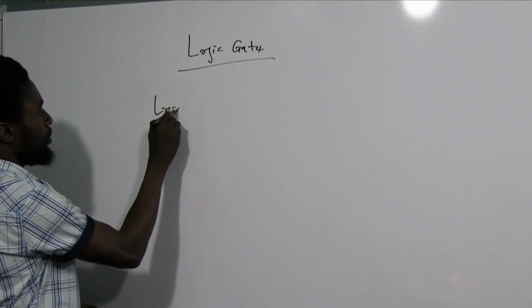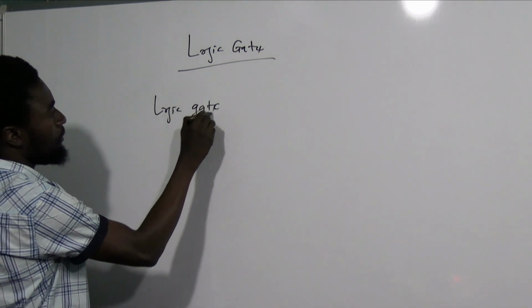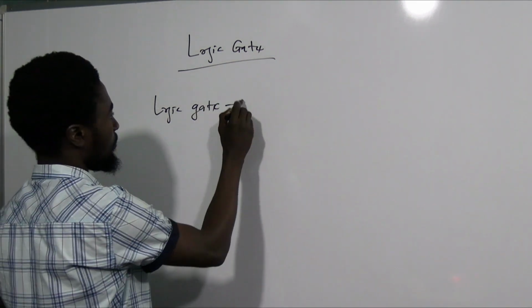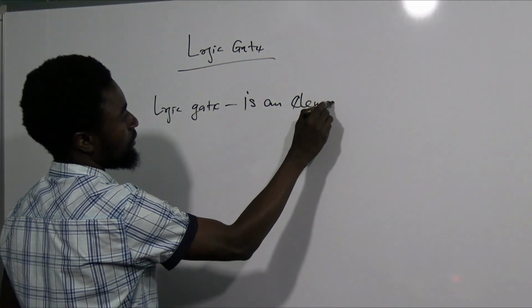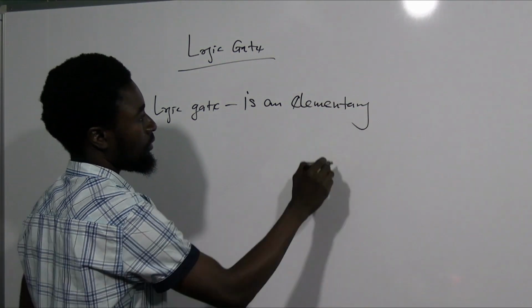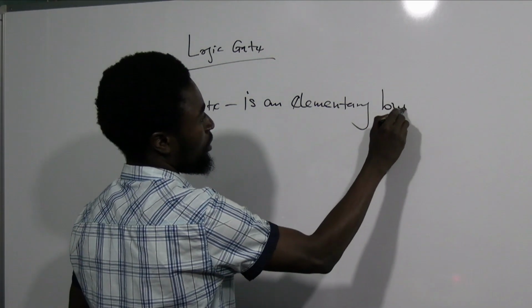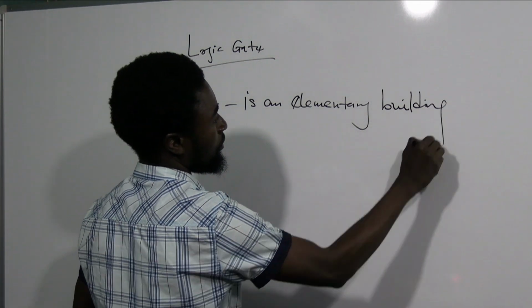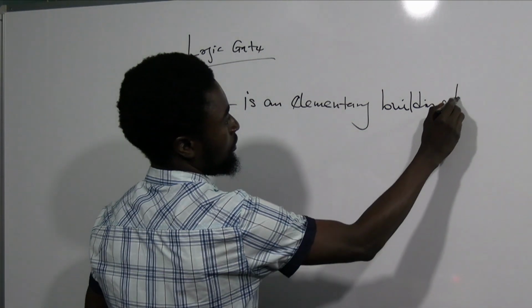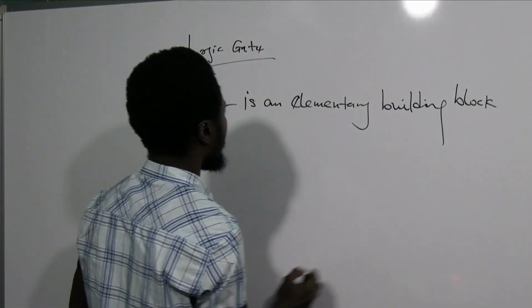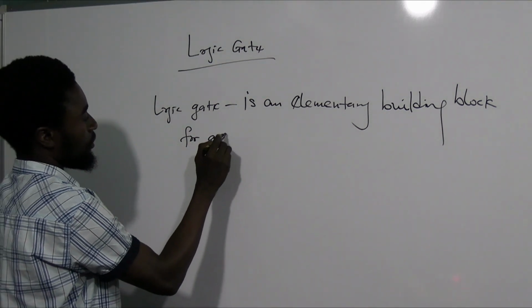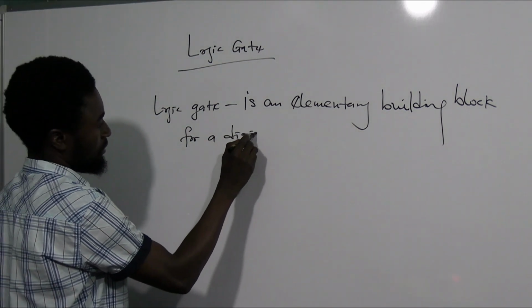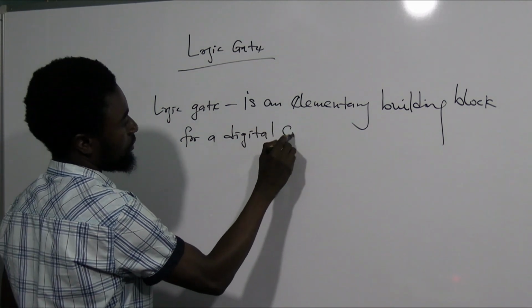So we say logic gate is an elementary building block for a circuit, for a digital circuit.